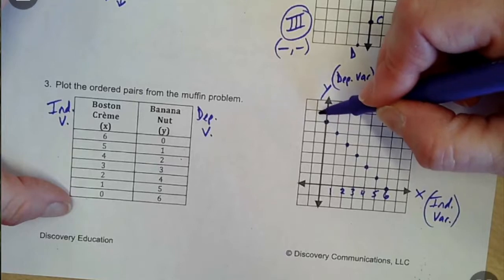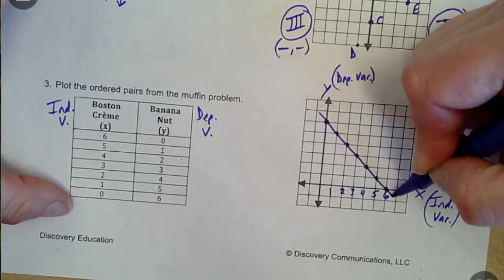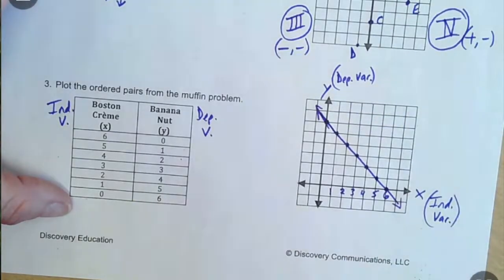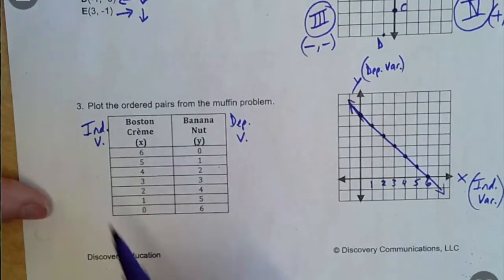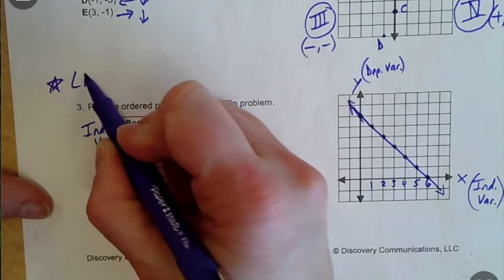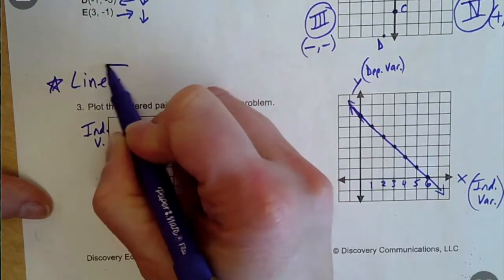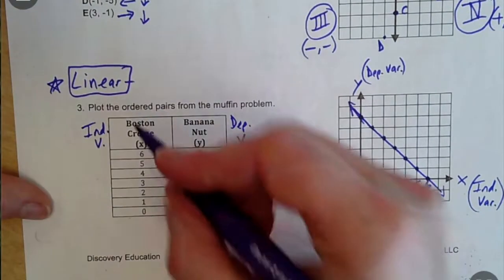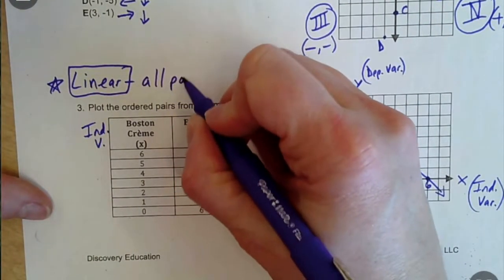We actually call this straight line a linear line. It is linear. All of them form a straight line. So I want to write that in our notes. Linear. Linear means that all points are in a straight line on the graph.